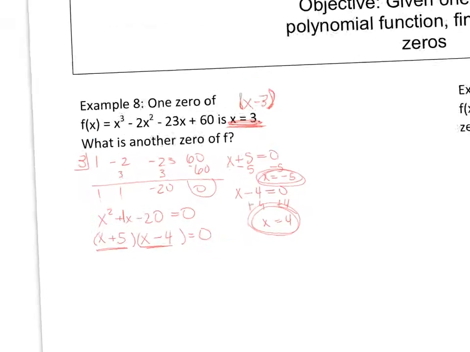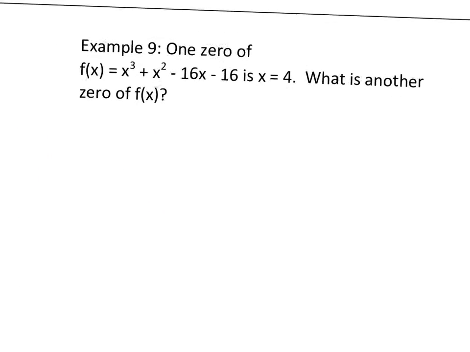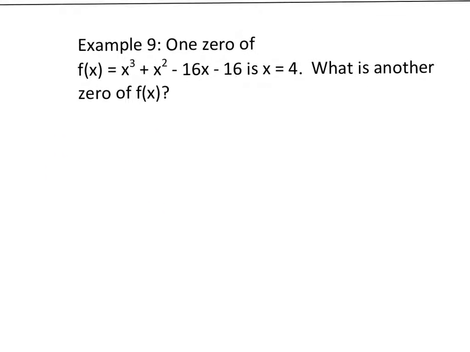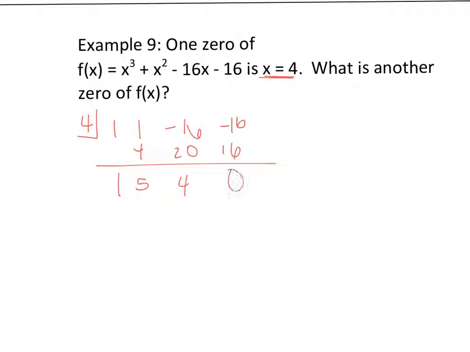So let's do another one. Example 9. All right, so we know the 0 is 4, so we're going to divide by 4. So we do that real quick. Okay, and we're left with x squared plus 5x plus 4, and we're going to set that equal to 0 and solve it.